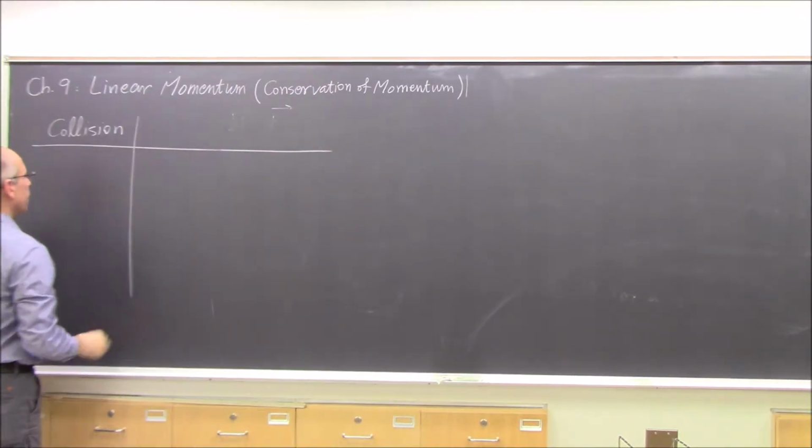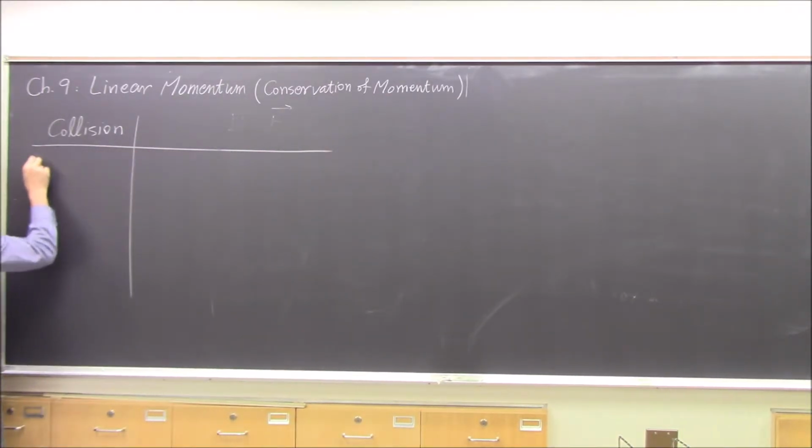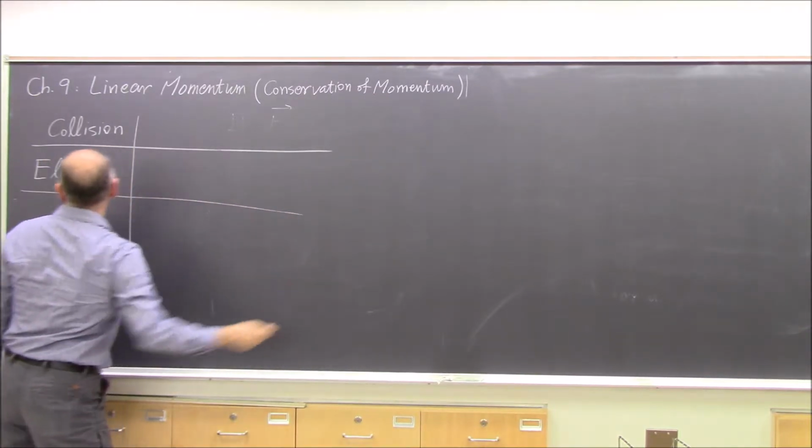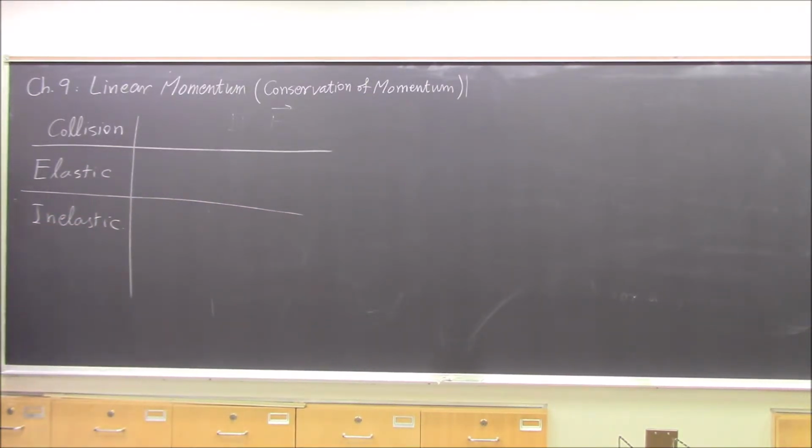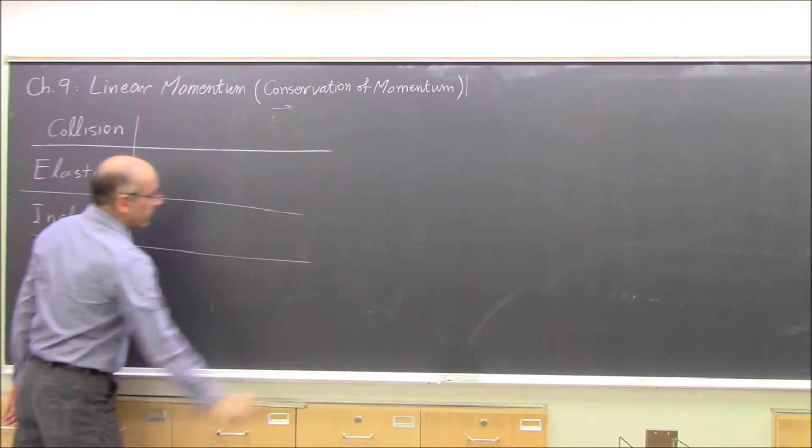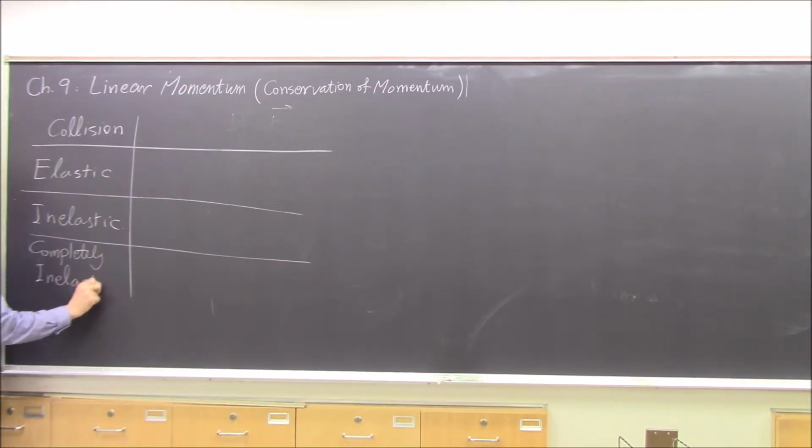And we want to see what is the difference between elastic collision, sometimes also called completely elastic, and then inelastic, and then completely inelastic. What is the difference between all these?